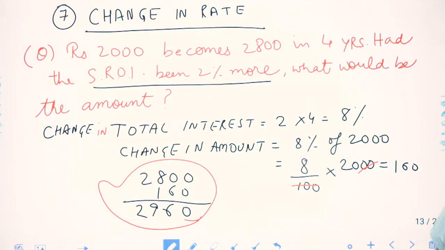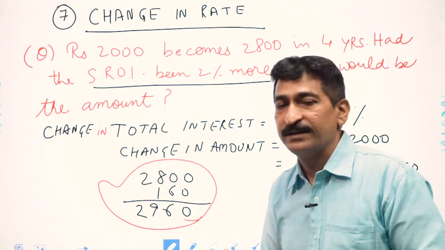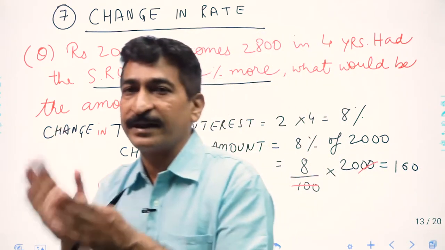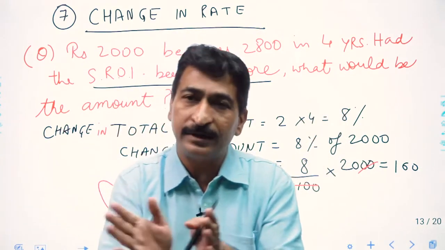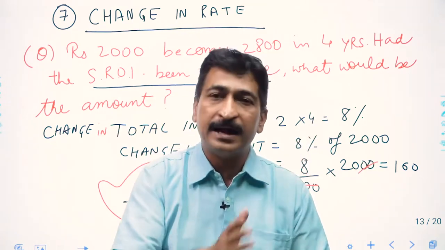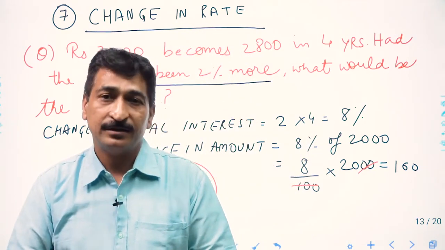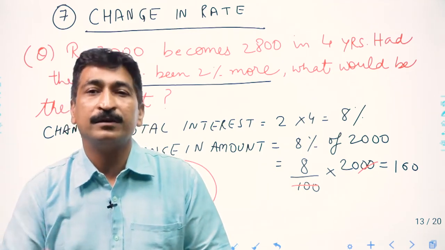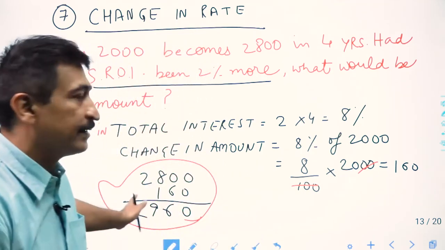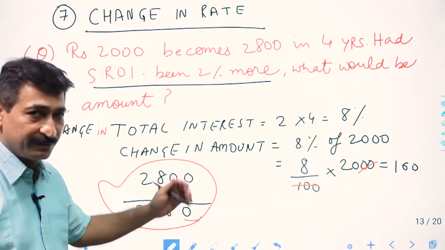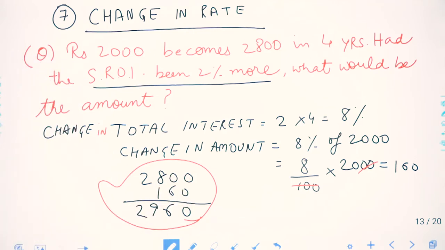So when the interest rate is changed, that rate is calculated on the entire period, and that entire period's total interest percentage is calculated on the principal, and then it is added to the previous amount. This is how you calculate the change in rate. Let us move forward.